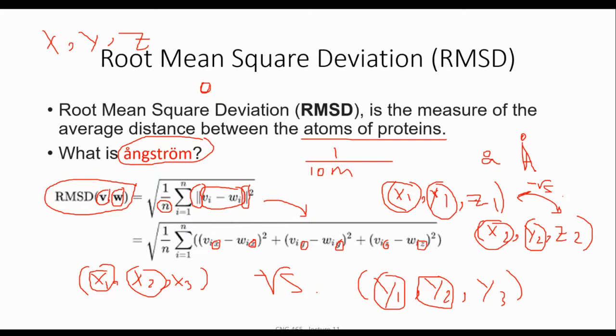If it is 0 at the end, it means that both proteins are exactly the same in terms of structure. Or as usual, when it happens, it means that we are talking about the same protein, because we don't see exactly the same coordinates for two different proteins. So that's the reason we are powering each one of them by 2, and at the end get the root of that, so that it makes sense in terms of unit.